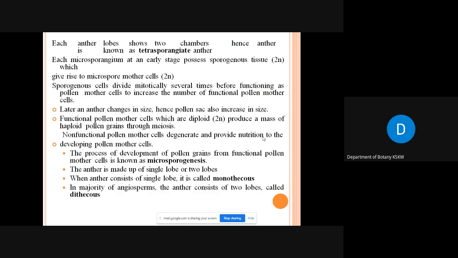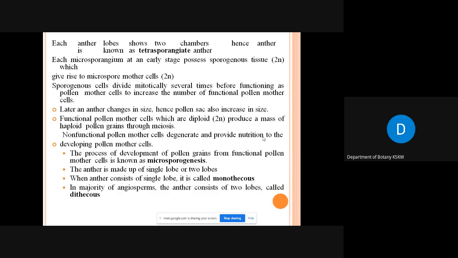Now, the microsporangium at an early stage has the sporogenous tissue which is diploid, that is 2n, and this will give rise to microspore mother cells which are again diploid. Sporogenous cells divide mitotically several times before functioning as pollen mother cells, so as to increase the number of functional pollen mother cells.